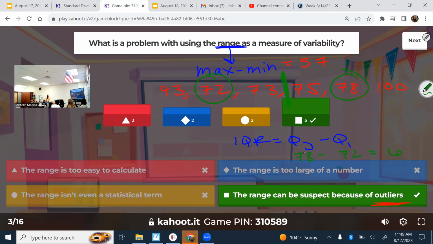Right, it should. Because more of his data is closer together, it just leads to really different numbers that make it not look that way. Okay, questions on that? All right, so that's why we usually don't use range all the time.